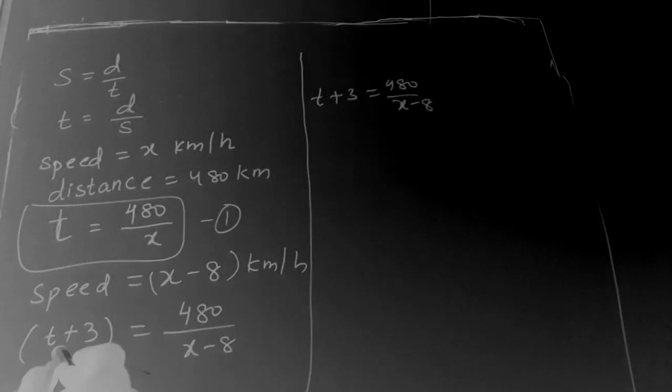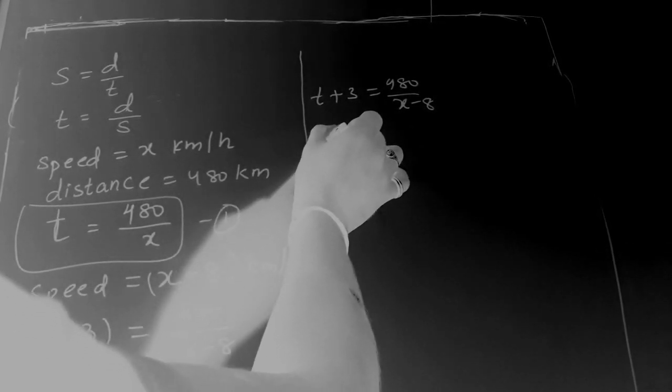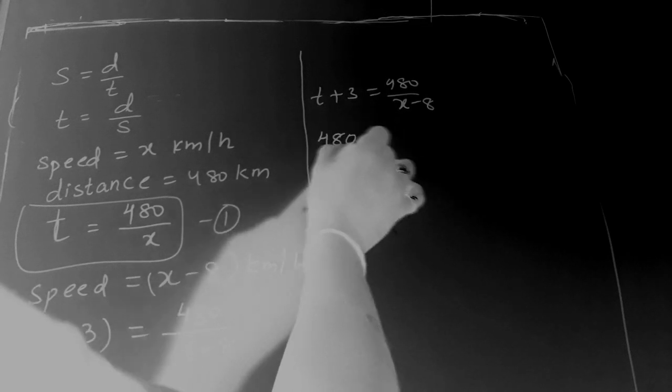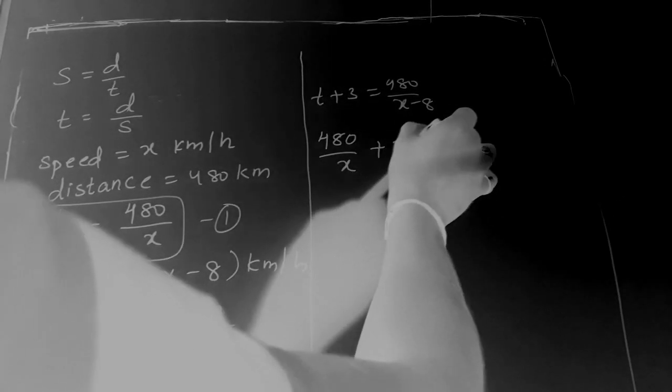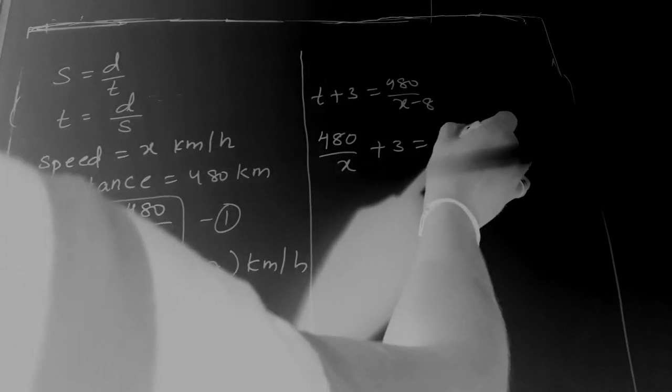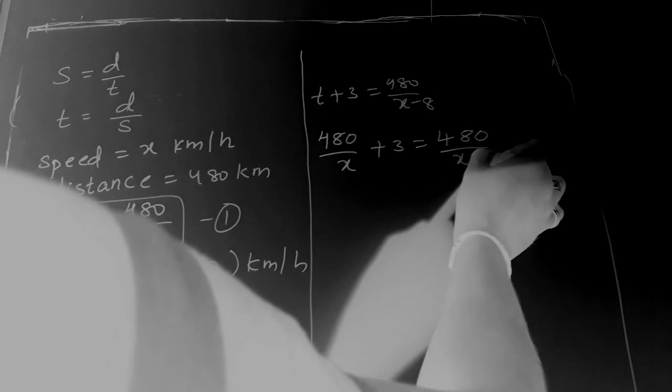So now here what is t? T is nothing but 480 by x plus 3 is equal to 480 by x minus 8.